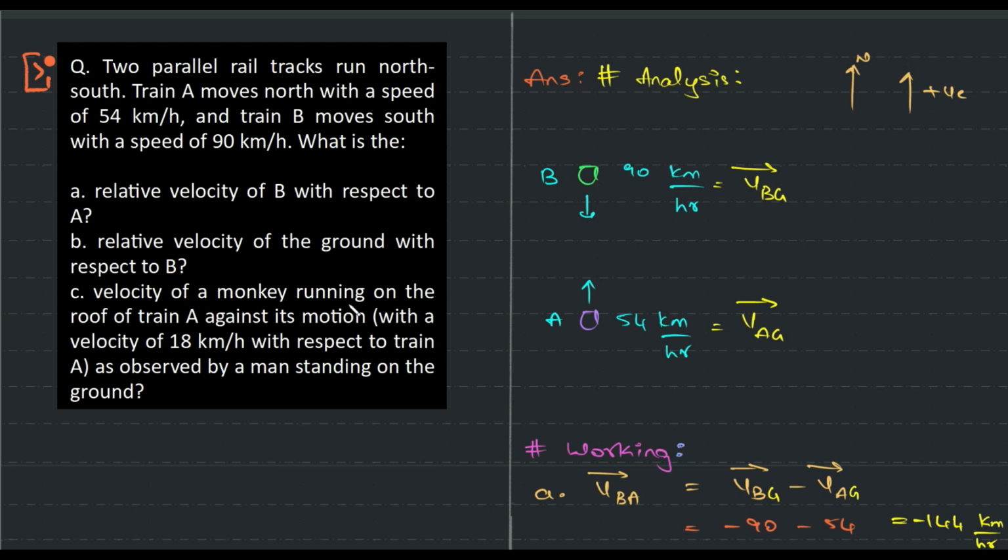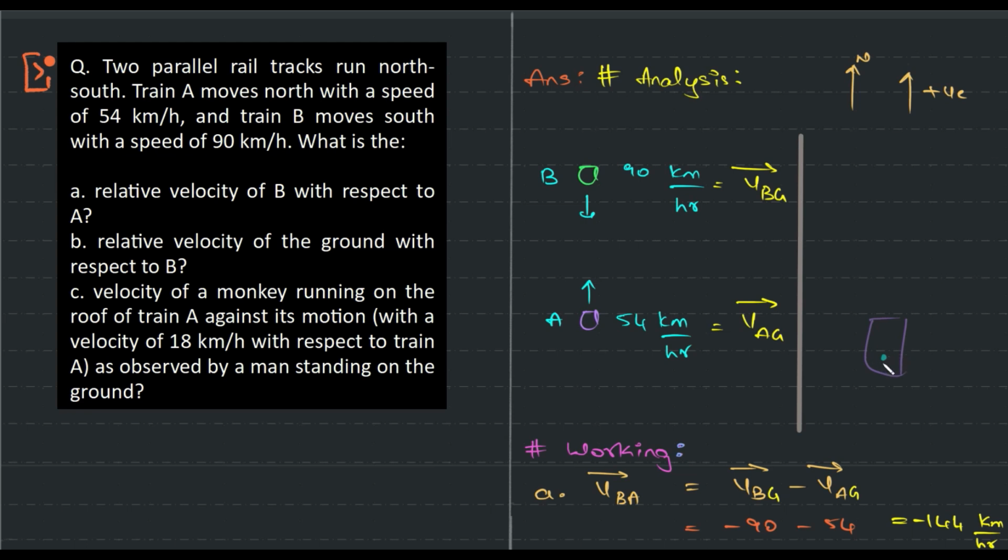The velocity of a monkey running on the roof of train A. So we have a monkey on train A. This is where it is a bit complicated, so let me do it here. The velocity of a monkey running on the roof of train A against its motion.